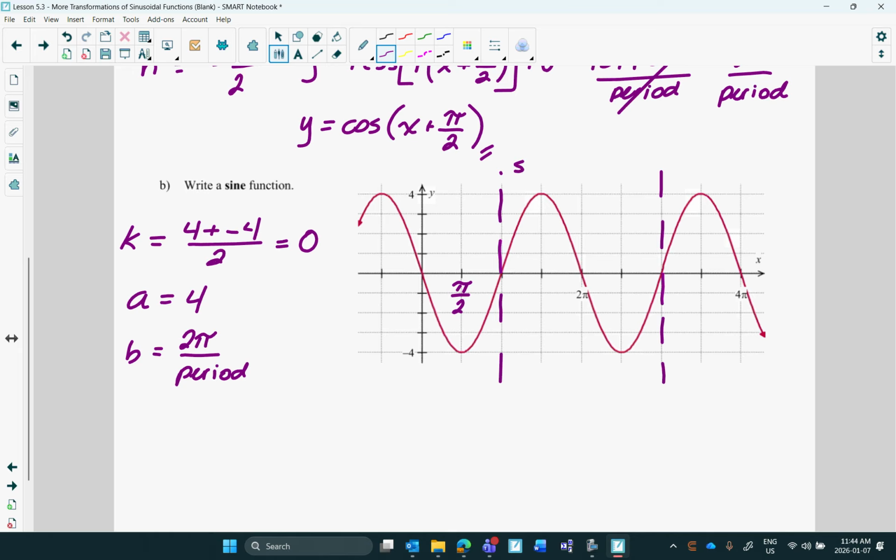So a sine period is 2 pi. Therefore, I've got 2 pi divided by 2 pi, which is 1. So I don't have to write anything for b in the equation.